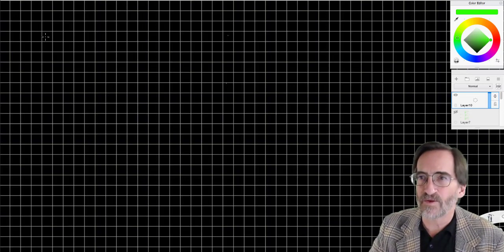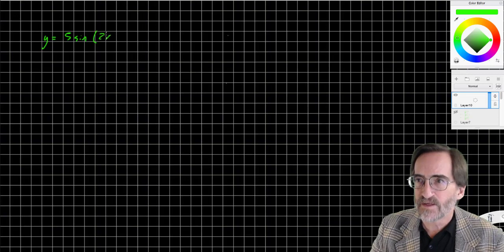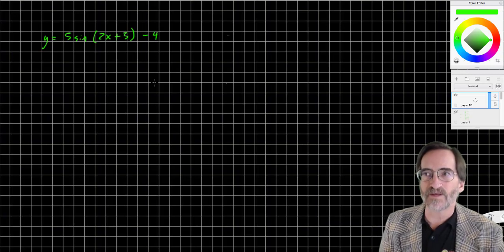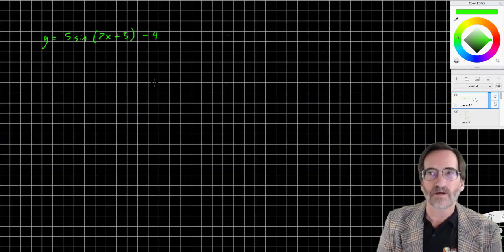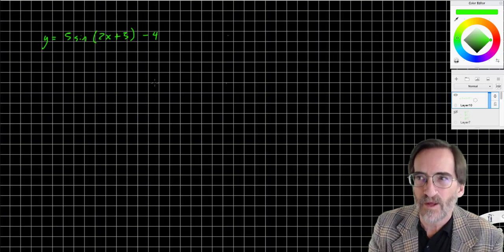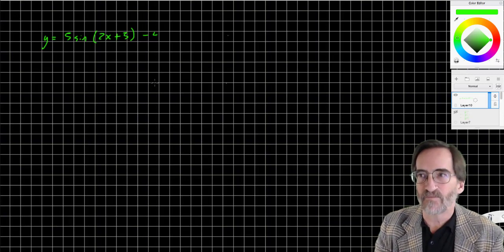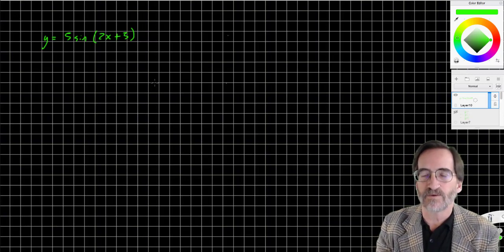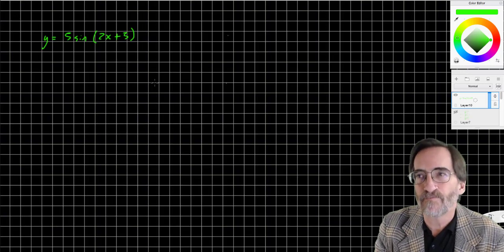Let's start with the sine function. So let's say we have y equals 5 sine 2x plus 3. Okay, I'll even put in a minus 4, although I think the lesson left out vertical shift. Okay, and in fact, let's not, because that'll impact the zeros, and I want to be able to find those as well.